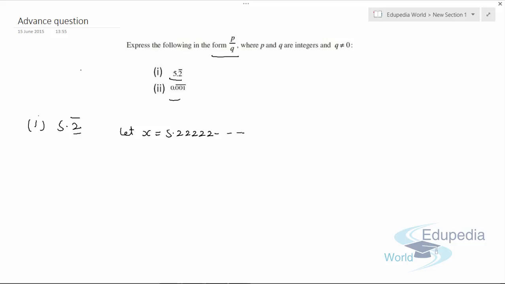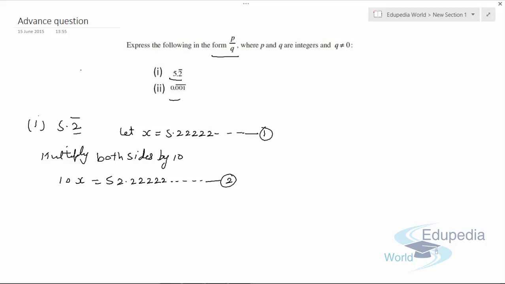So we multiply both sides by 10. So we get 10x equals 52.2222, and it goes on. Then this becomes the first equation, and this becomes the second equation.